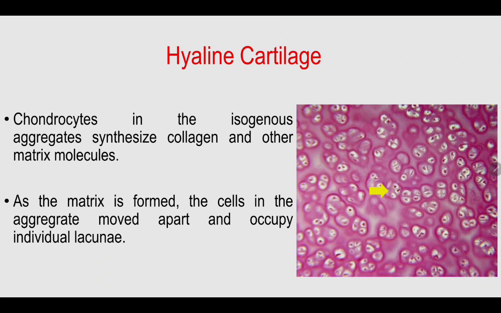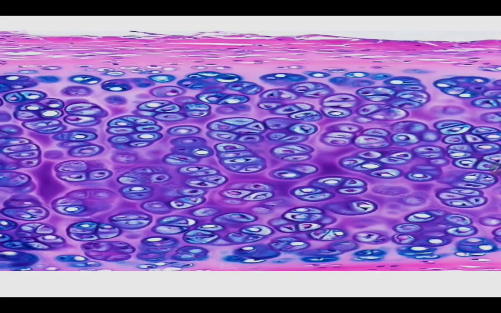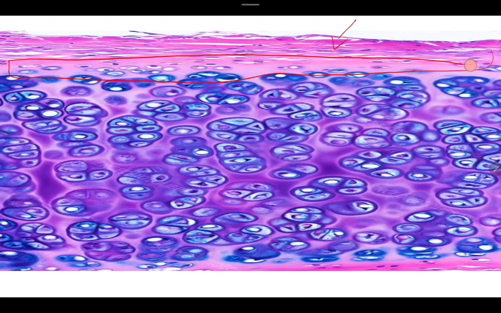Okay? So, can you appreciate yung mukha ng mga isogenous cell groups? Very good. Okay, so here's another picture of a hyaline cartilage. Grabe ka-cute, di ba? So, in this particular picture, this is the perichondrium. This is the chondrogenic layer. So, ang pag-mature nila is pababa, and then, ito na, this is the isogenous cell group.